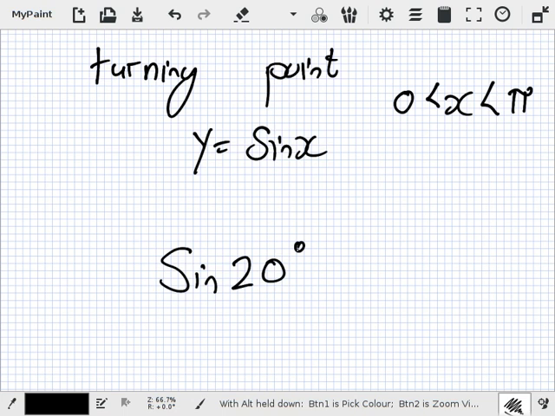Now you have to be careful in the exam, because sometimes they might say something like find dy dx when x is equal to 2, and they mean 2 radians because there's no degree symbol. You have to be very careful with that. It's so common to have students use the wrong mode on the calculator.